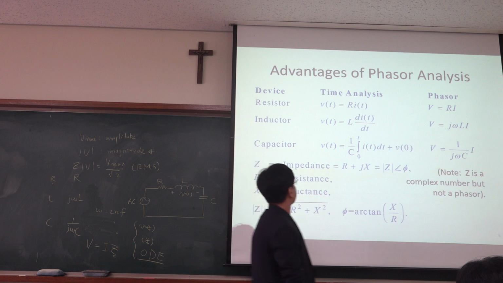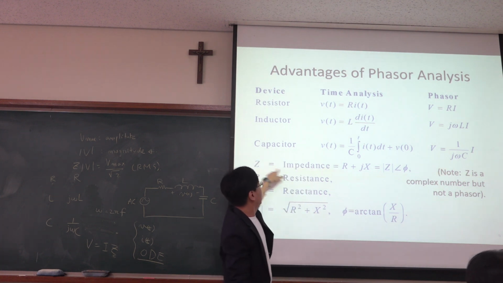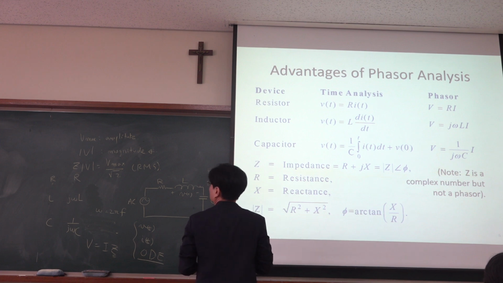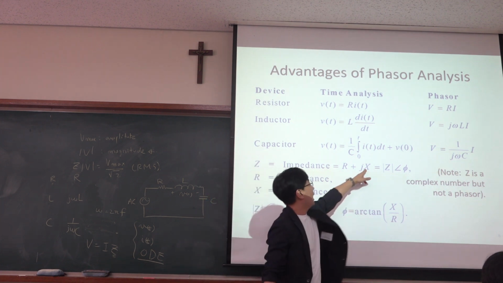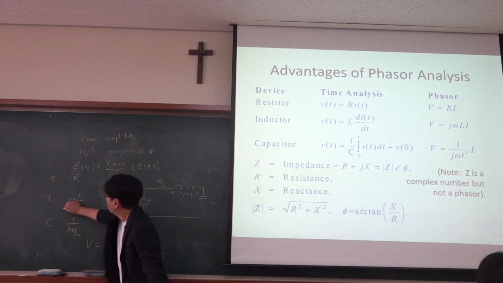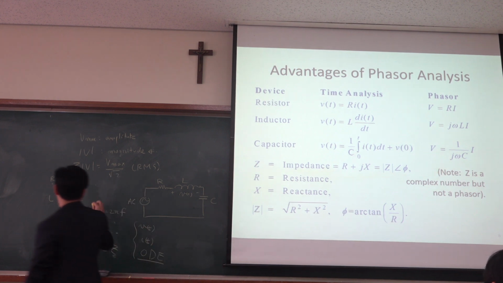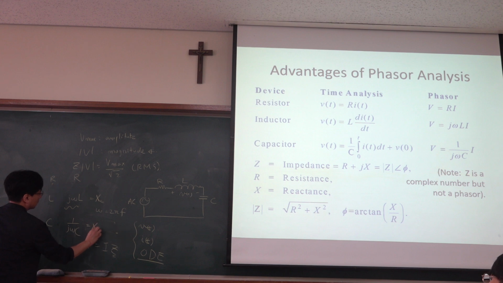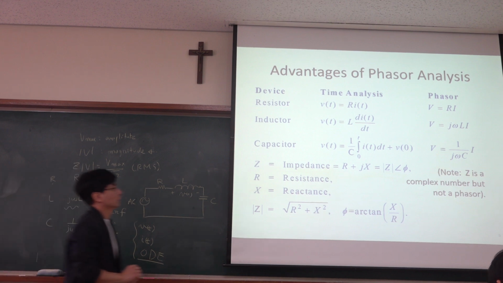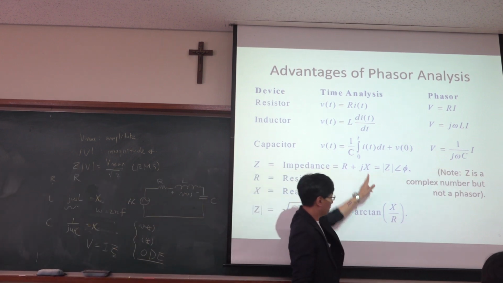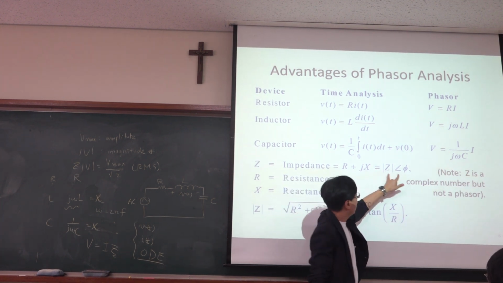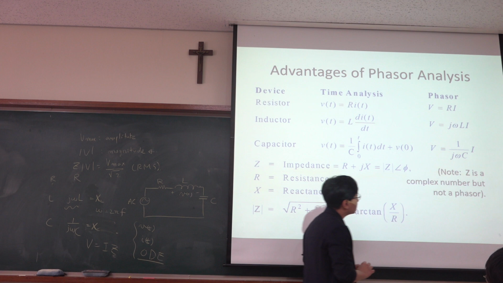Z is the impedance, and impedance is R plus jX. Here X can be either this one or that one. Sometimes we use XL and XC. So R plus jX is the impedance, and we have the impedance magnitude and impedance angle.